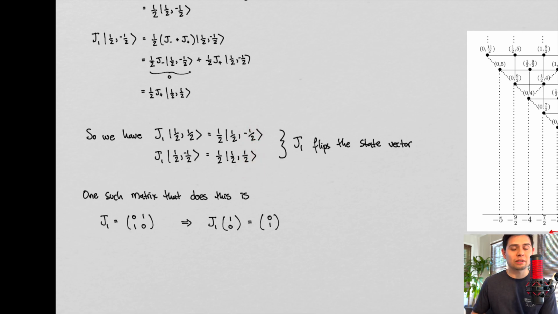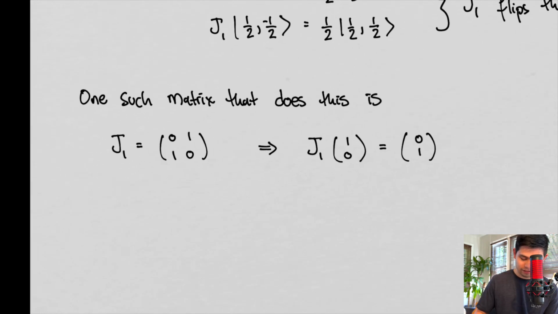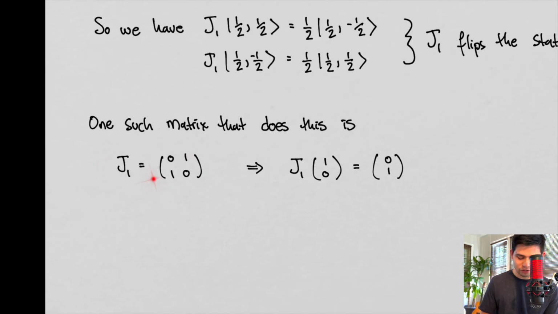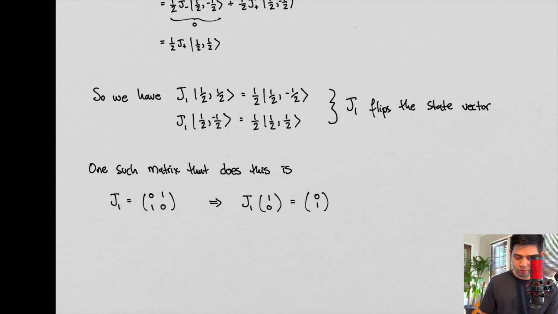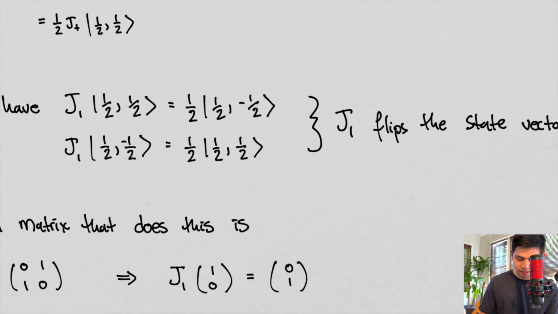One such matrix that will do this is this guy right here, right? So if we take J1 to equal this, then J1 acting on a state right here is going to flip our vector, right? So J1 really just flips the state vector. That's what we're seeing right here. So if we take this entry here, we're not really looking at this entry. We're looking at this and this, and we're seeing that J1 is flipping something, right?